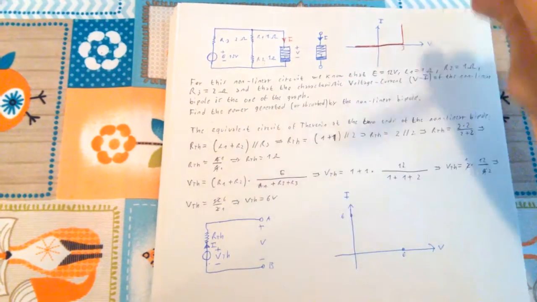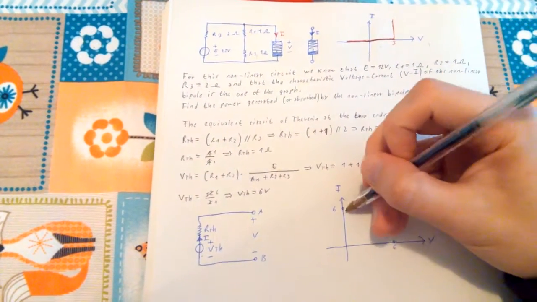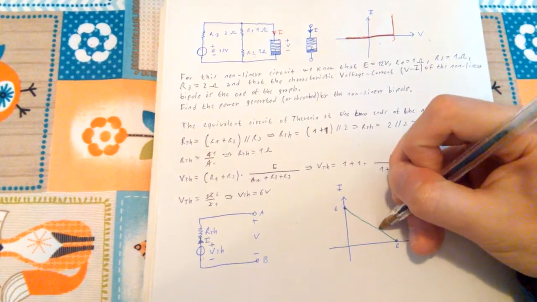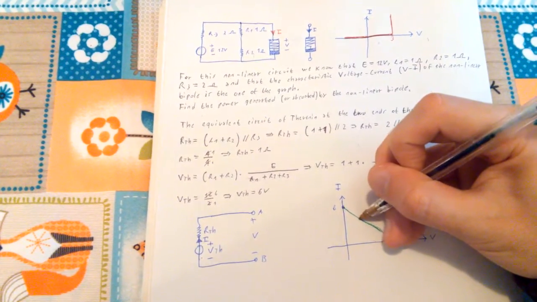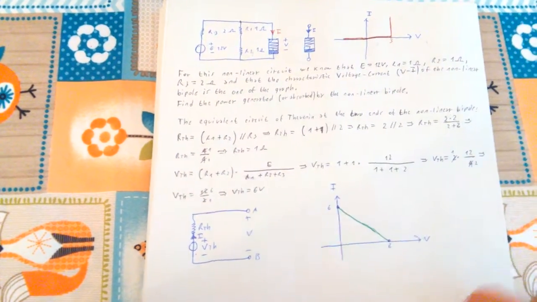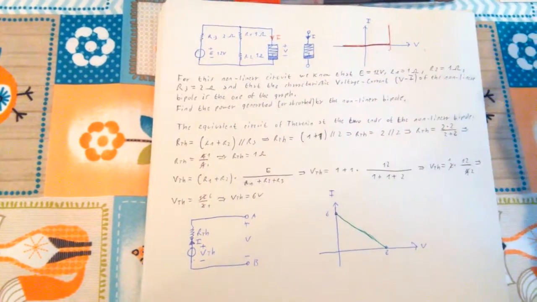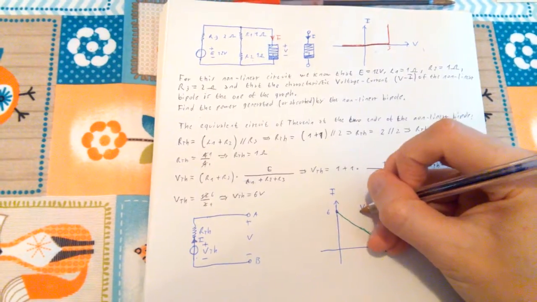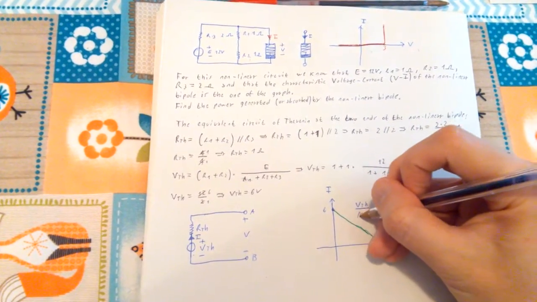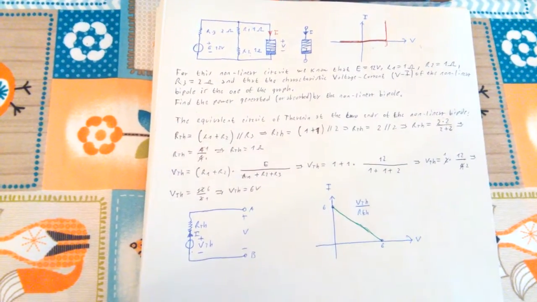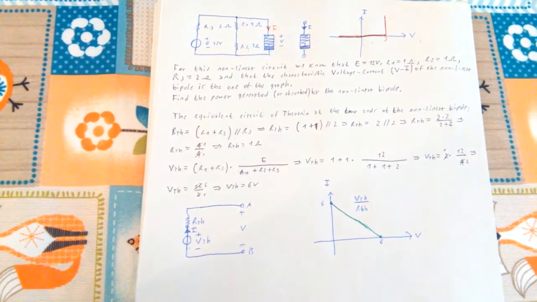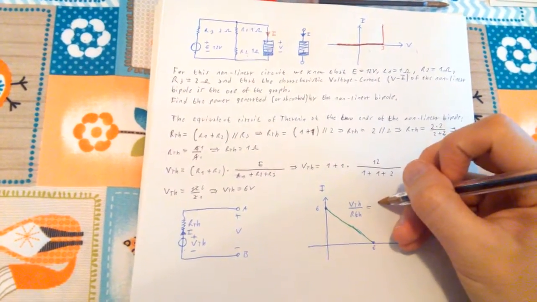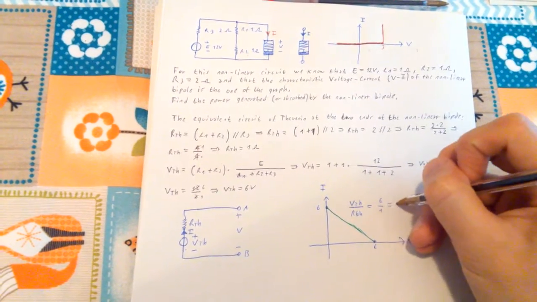So my characteristic, I'm going to use green, is going to be this one. It will be V given by VTH over RTH, which in fact is just 6 over 1, which is 6.